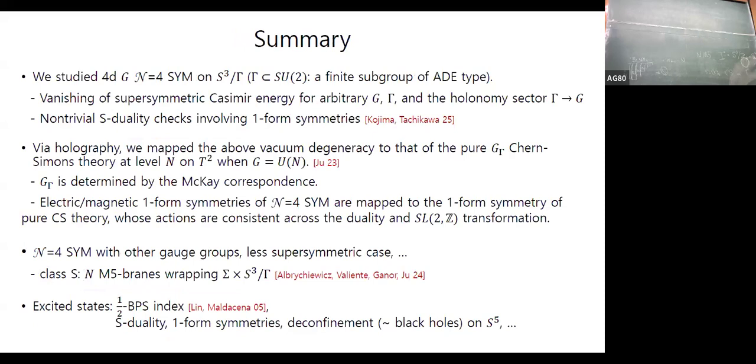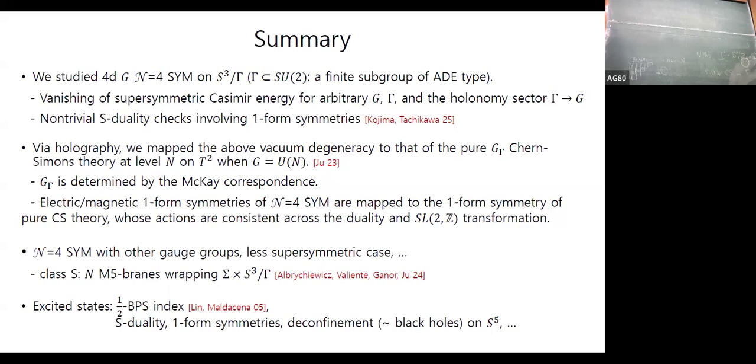So, let me just summarize. We studied the partition function of the first family on S3 mod gamma. I explained to you that the index vanishes for every sector. And via holography, we map this set of vacuum generators to that of Chern-Simons theory at some level on T2.